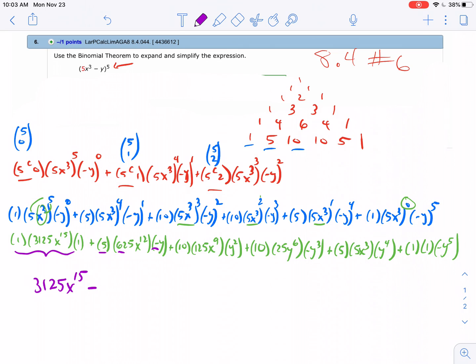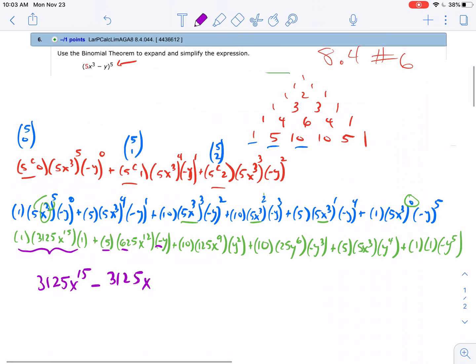So this is negative 3125. So kind of weird that the first two coefficients are the same, but one's positive, one's negative. x to the 12th. 10 times 125 is simply the 125, right, with the 0 at the end. x to the 9th, y squared.